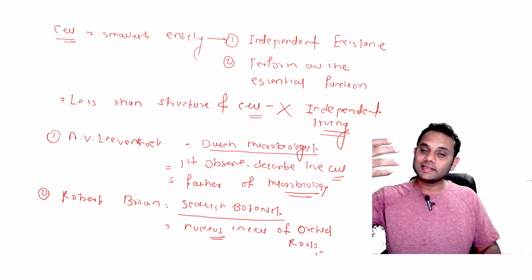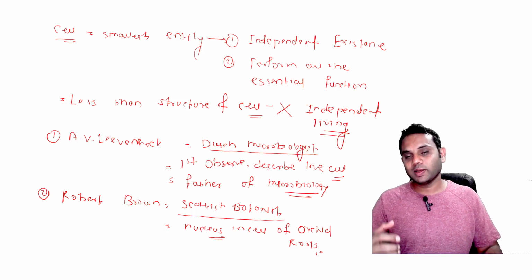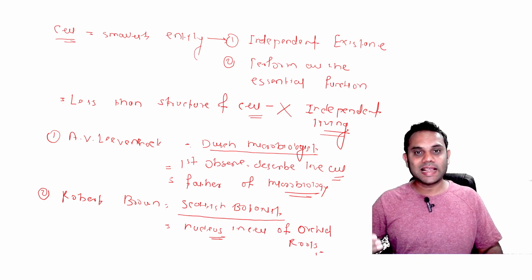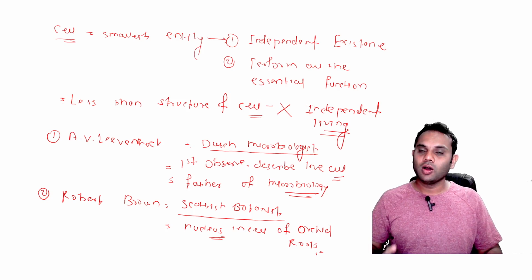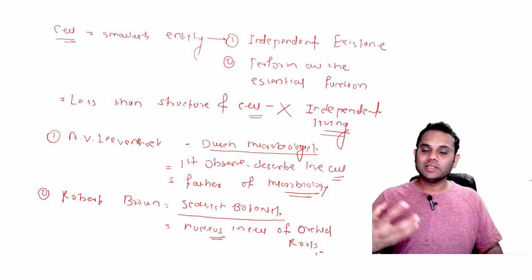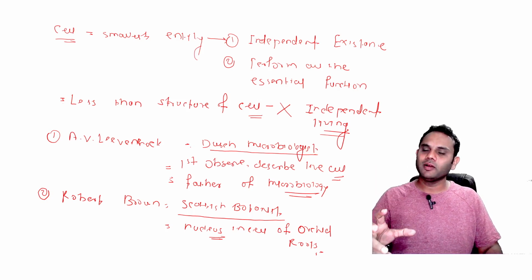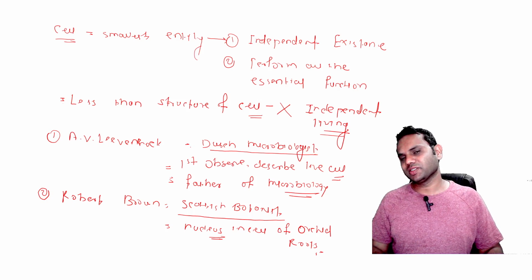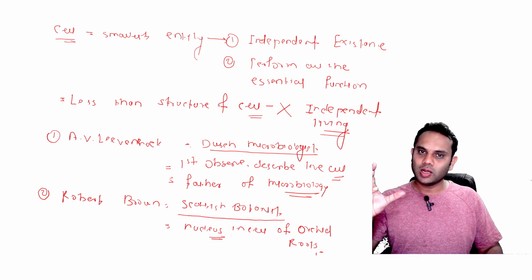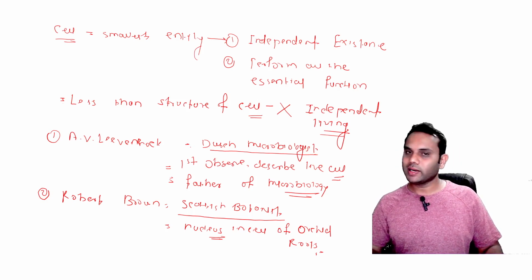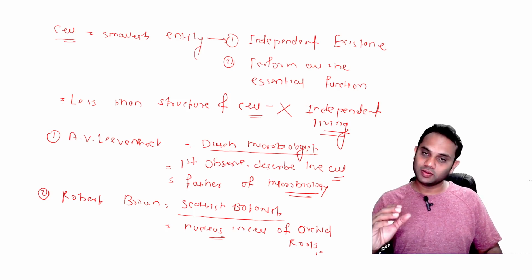You may find two kinds of electron microscope, like SEM, which is the scanning electron microscope, or TEM, which is the transmission electron microscope. With the help of this microscope, it has become very easy to observe very minute structures. Okay, so I hope you got a basic idea about the cell.